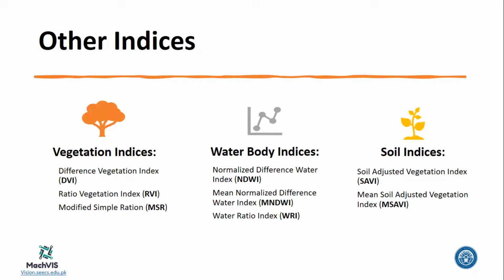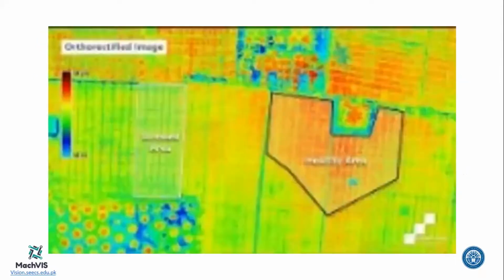I would not say vegetation indices, I would say indices. For vegetation indices, we have discussed NDVI and DVI. For water bodies, we have NDWI, the normalized difference water index. And for soil, we have the soil adjusted vegetation index.